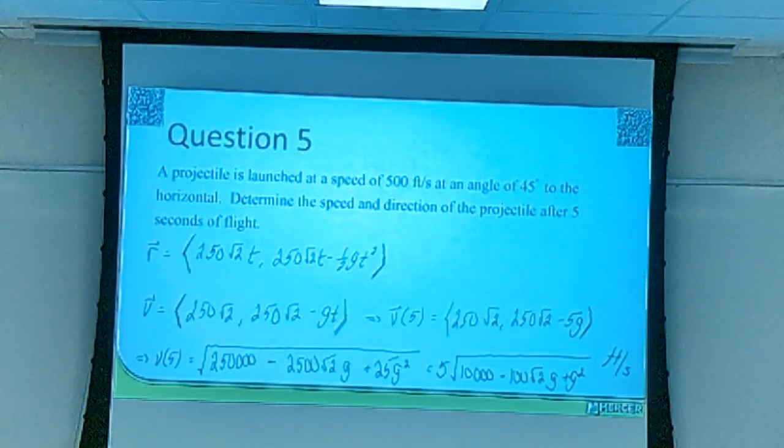If we take the approximation for g of 32 feet per second, you should get about 403 for that. That's about 403 feet per second, but I'm going to leave it in that form.